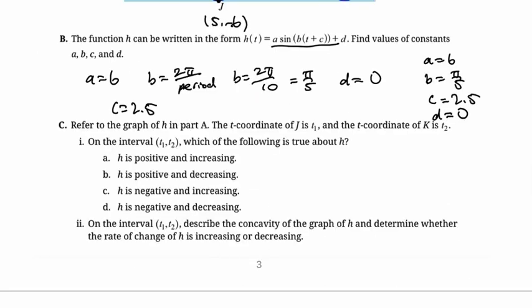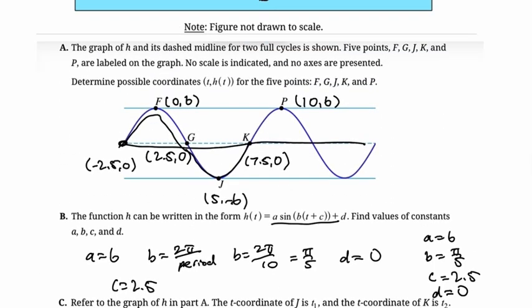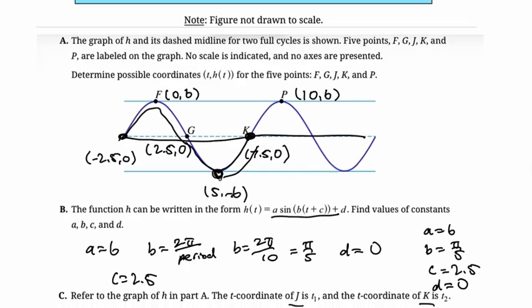For question C, we have to look at point J and point K, and see on the interval of T1 to T2 what is true about h. J is right here and K is right here. We can see that the function h is increasing and is also negative because the y value goes from -6 to 0.